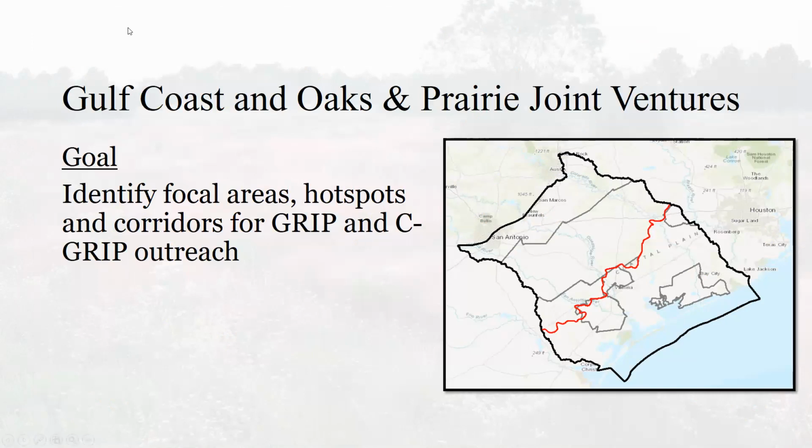All right, so the last demonstration project has a little more going on. This is for the Gulf Coast and Oaks and Prairies joint ventures. And the idea here was to identify focal areas, hotspots, and corridors for GRIP and CGRIP.